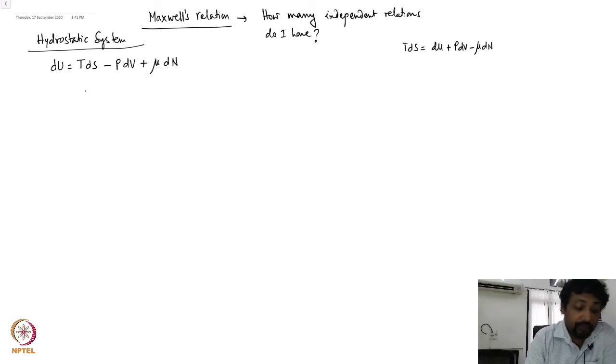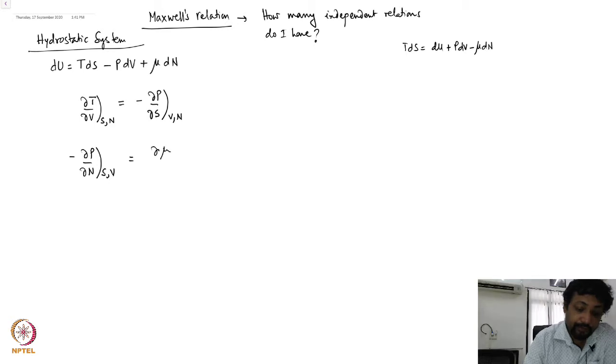My Maxwell's relations read the following: del T, del V, S and N held constant, is equal to minus del P, del S, V and N held constant. This is because U is a state function and therefore an exact differential. Then we had minus del P, del N, S and V held constant, equal to del mu, del V, S and N held constant.